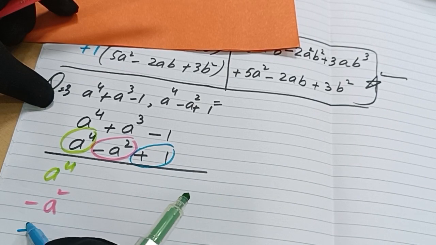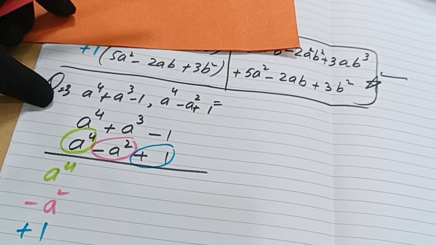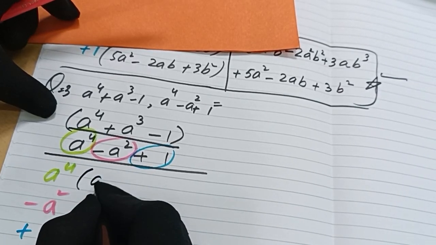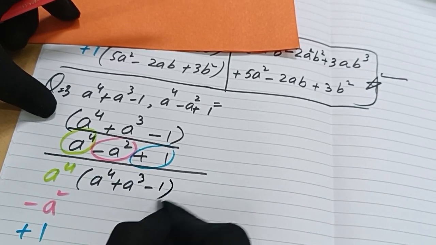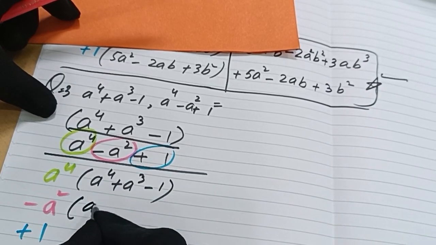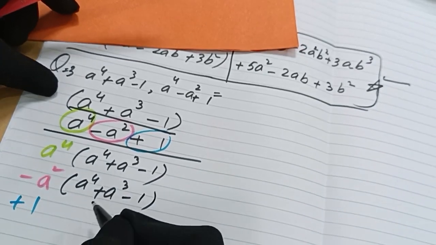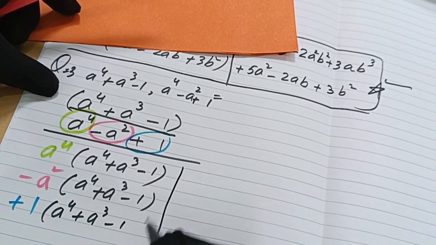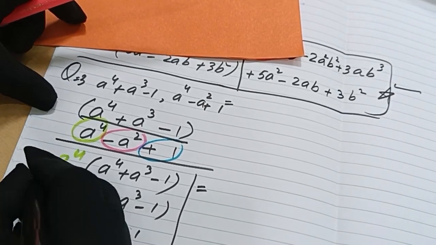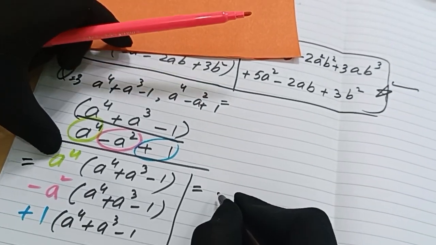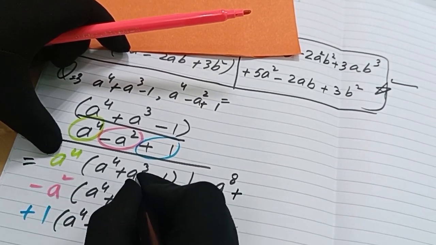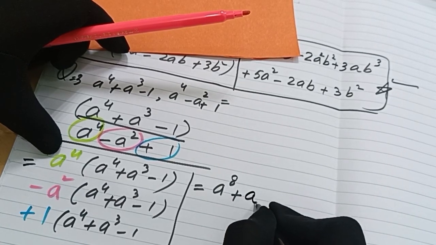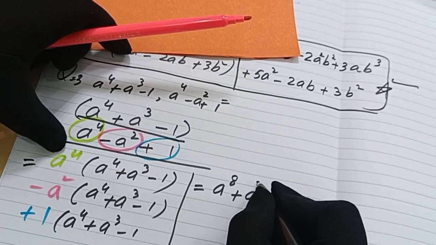plus 1 right here. Okay, and then write down, this is multiplied to this complete polynomial right here, a4 plus a3 minus 1. This again multiplied to complete, so write here. Okay, this again multiplied to complete and write here. Now equals to, multiply them in front of it. a4 multiplied to this all, it becomes a8 plus a4 times a3, base will remain a, exponent will be added up, 4 plus 3, 7.